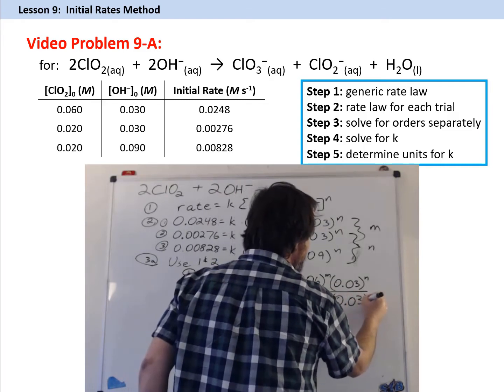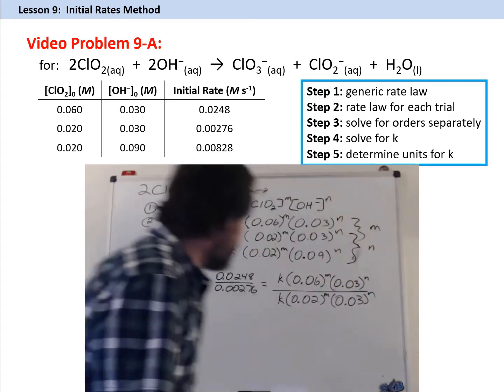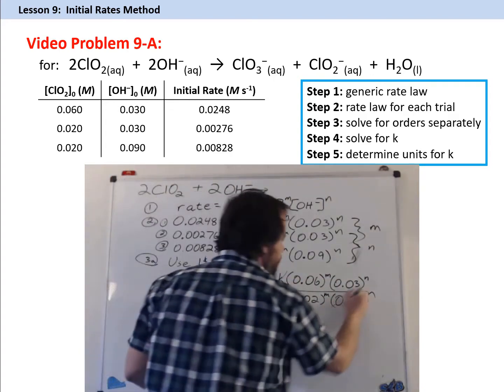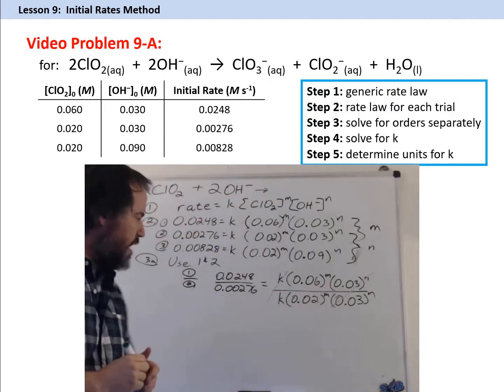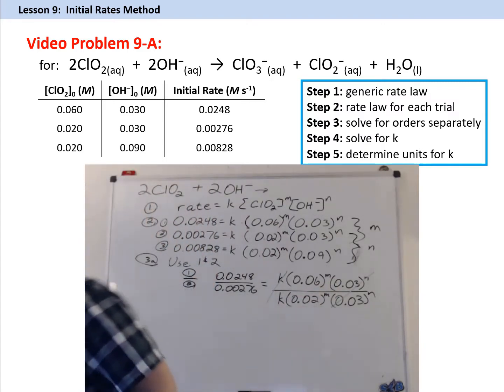Now I look at this and ask what cancels out. The k's cancel out, and this last term cancels out. So now I have 0.0248 divided by 0.00276.